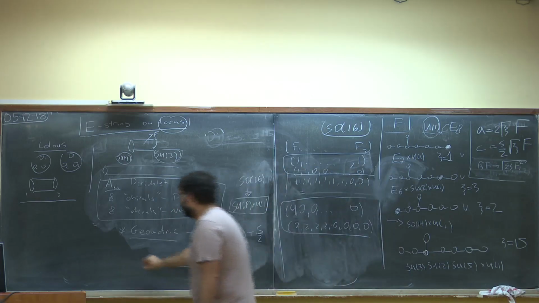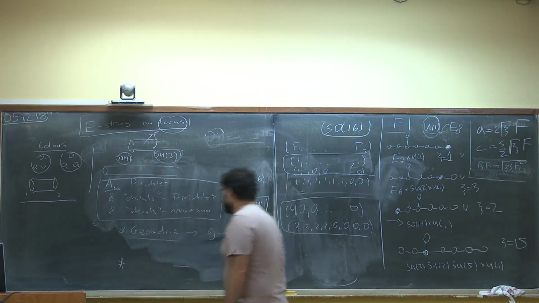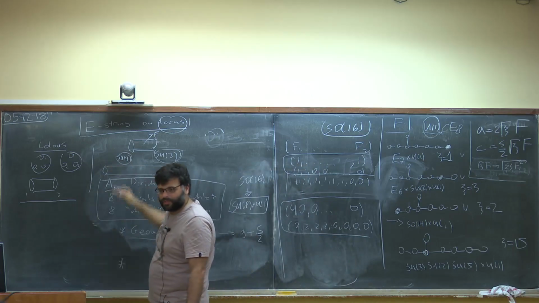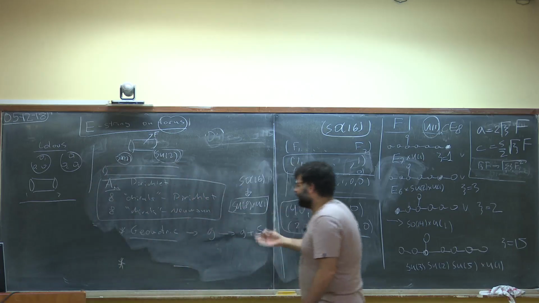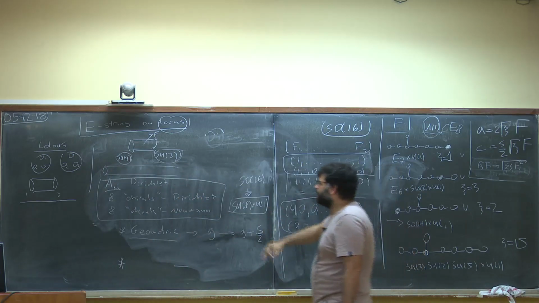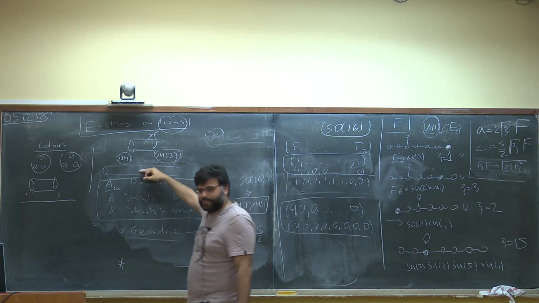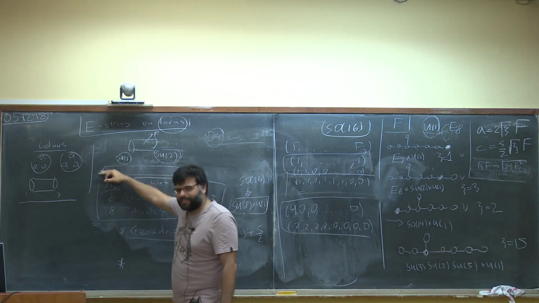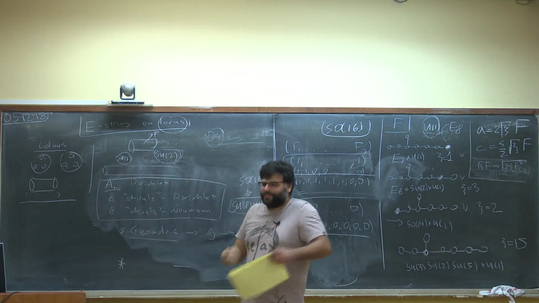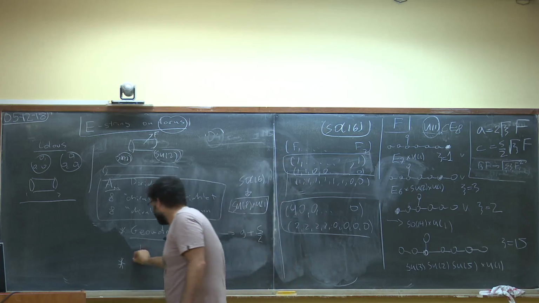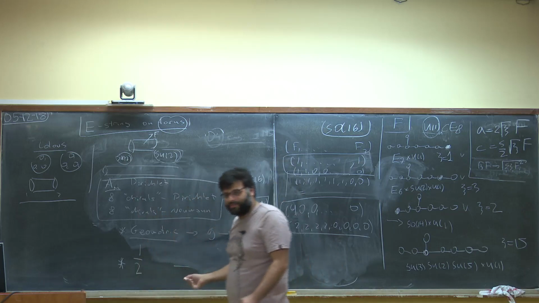Another thing to compute is the anomaly inflow from the 5D degrees of freedom that you have there. And there, the rule of thumb is to look at the chiral fermions that you have in 5D, which have Neumann boundary conditions, and compute their anomalies as if they were four-dimensional fields, and take half of that. Why half?